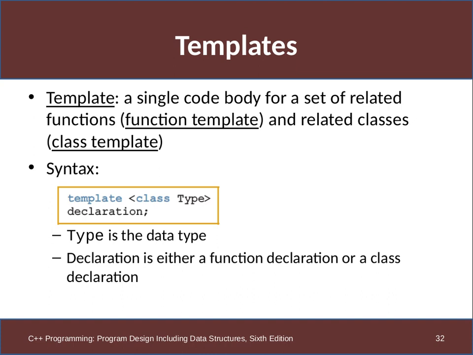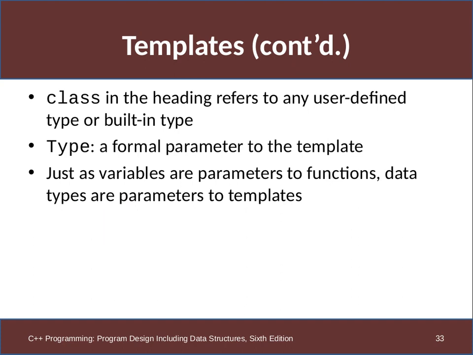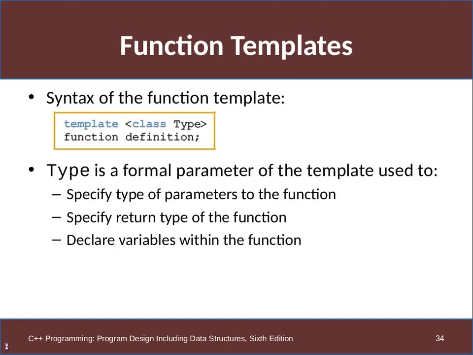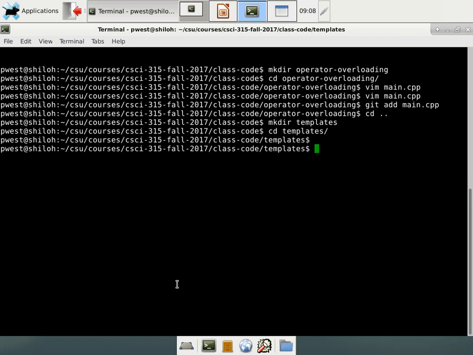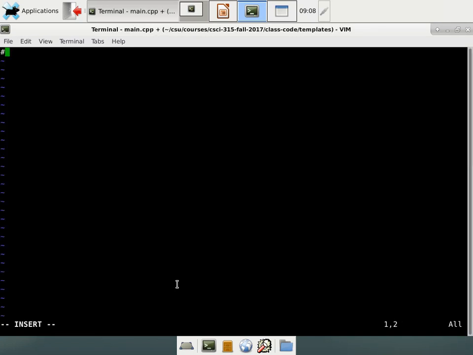All right. Single body of code for related functions. That's syntax. Did they give you a nice, beautiful example? They sure don't. Let's go over and have an example. Do main.cpp. Include iostream, int main, int argc, char argv.